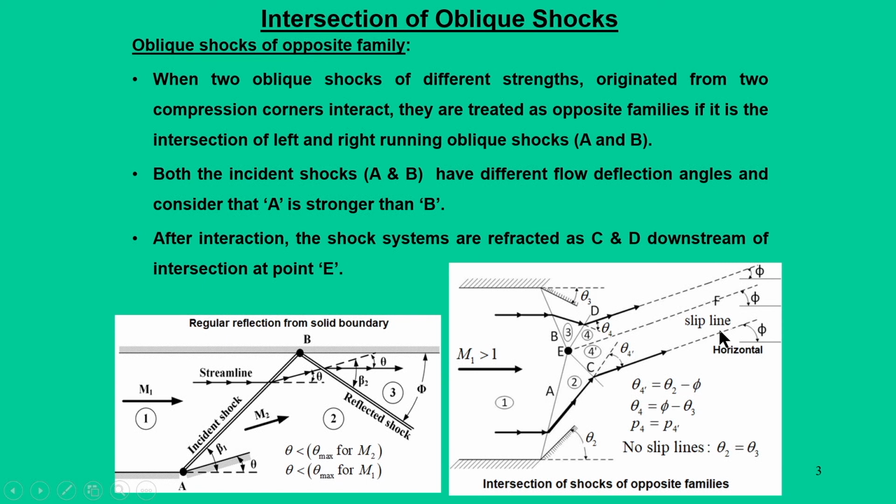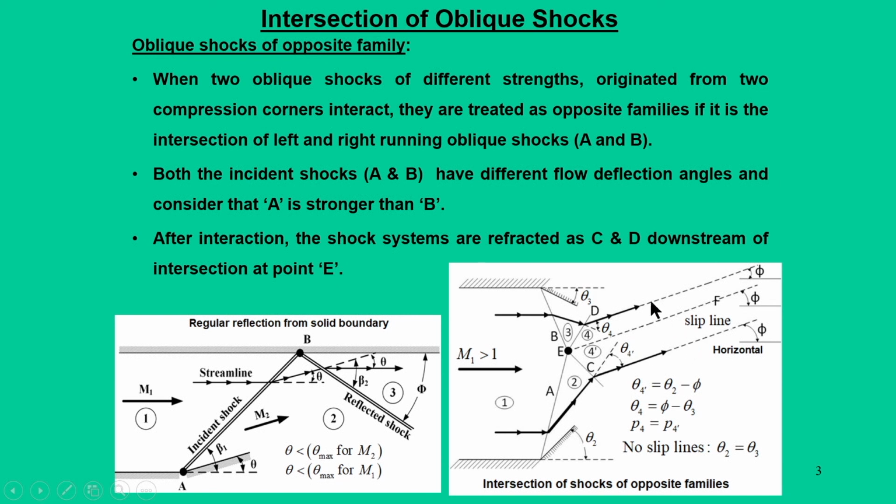To make this clearer, a concept was introduced which we call a slip line. A slip line is formed which acts as an imaginary surface or line. In this case it is the line EF, across which two conditions are satisfied.